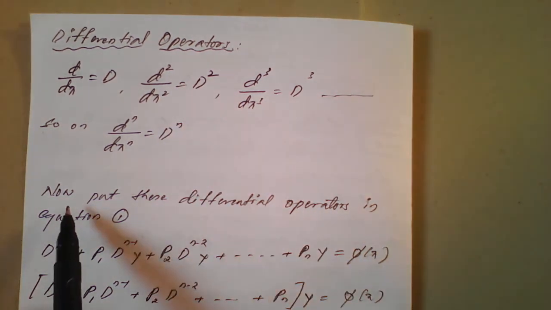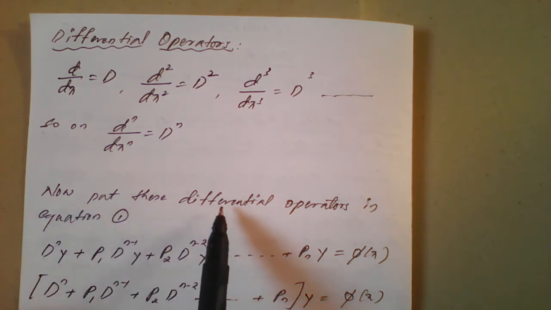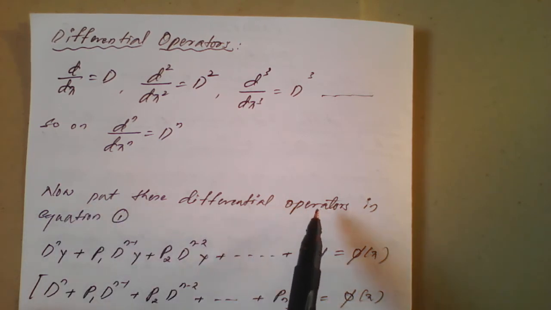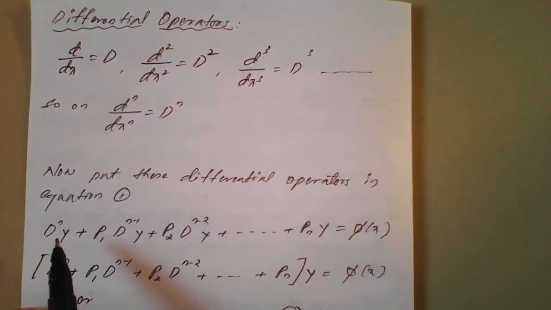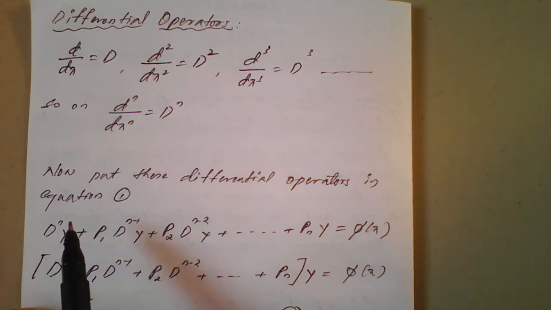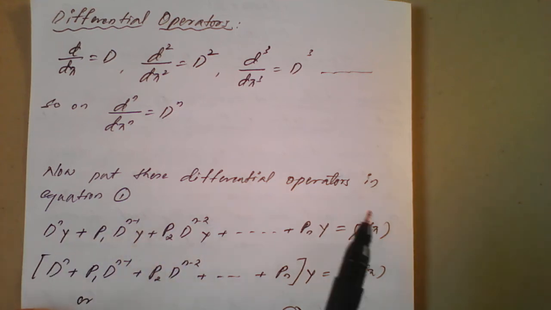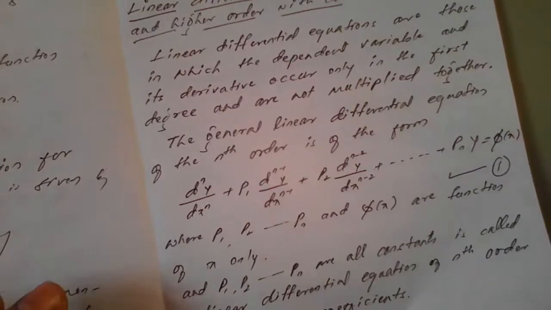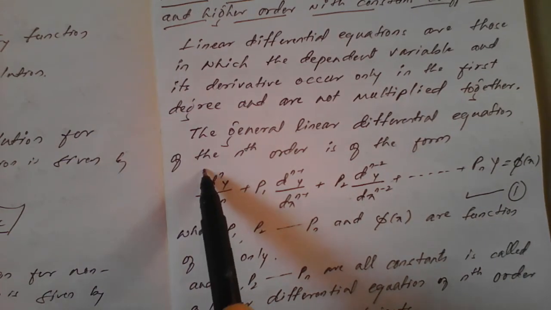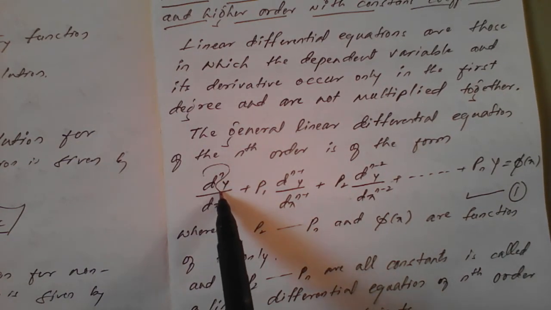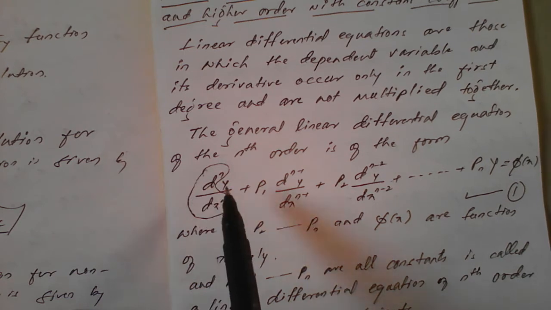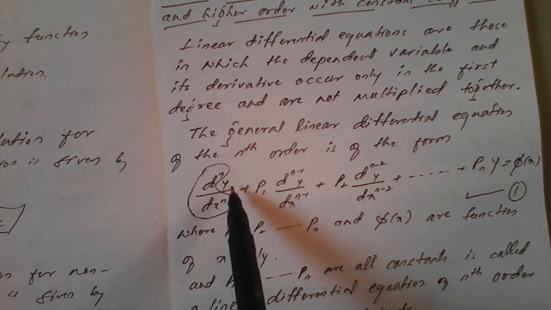Now go back to equation number 1 and apply the differential operator there. The first term in equation 1 is d^n y by dx^n. So this part will be replaced by D^n, and we keep y as it is.